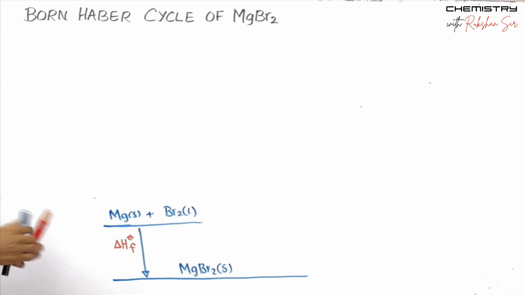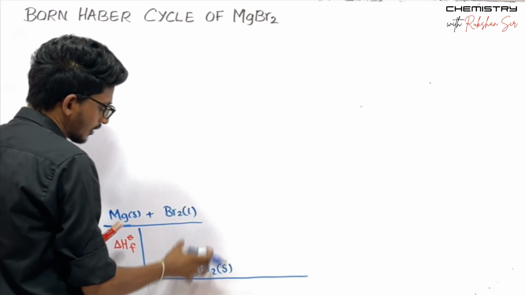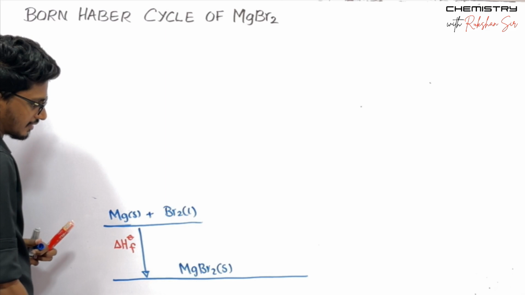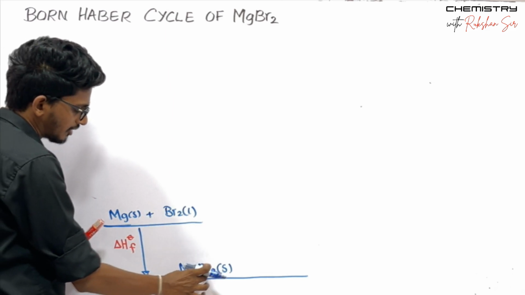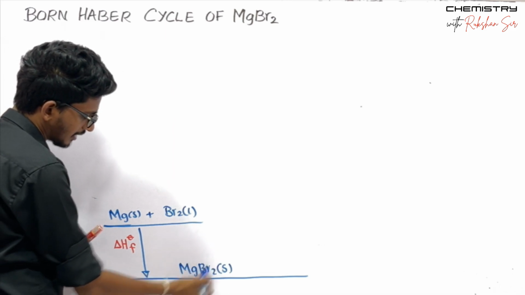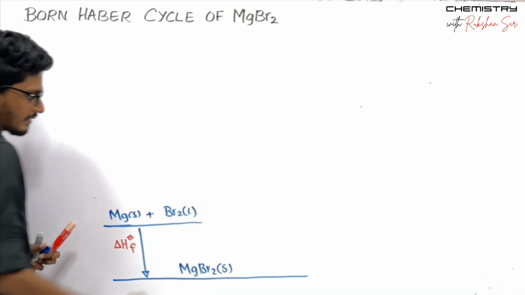The third thing to draw is the constituent gaseous ions. With the magnesium bromide solid, the constituent ions are Mg2+ and Br-.